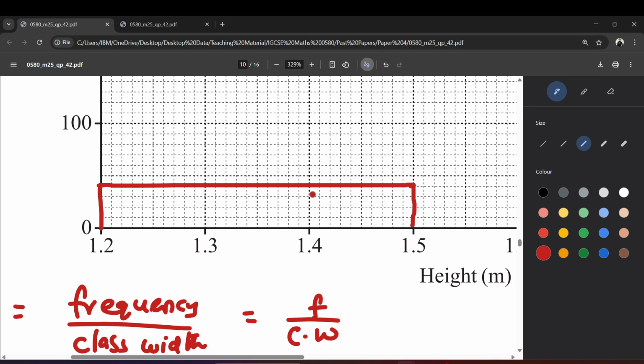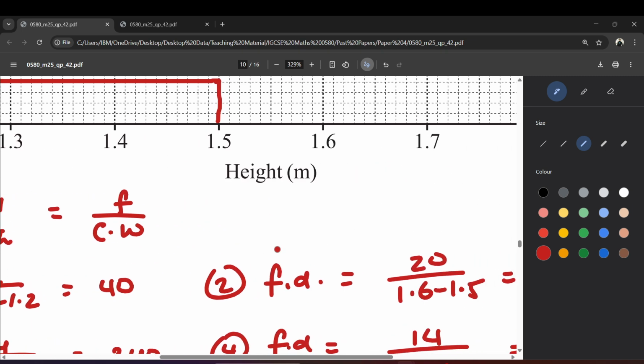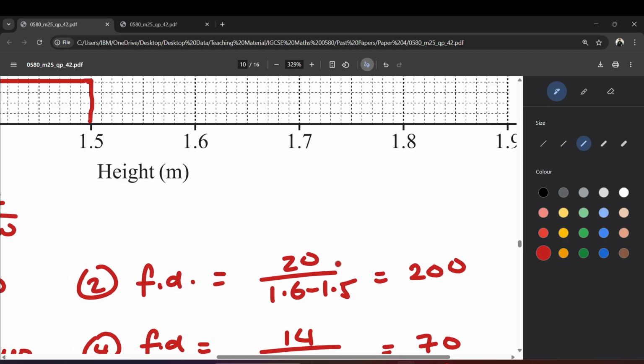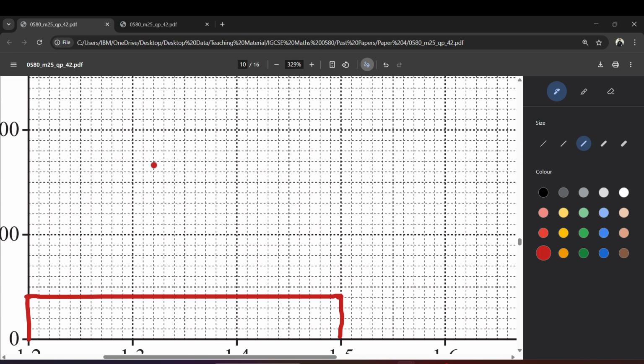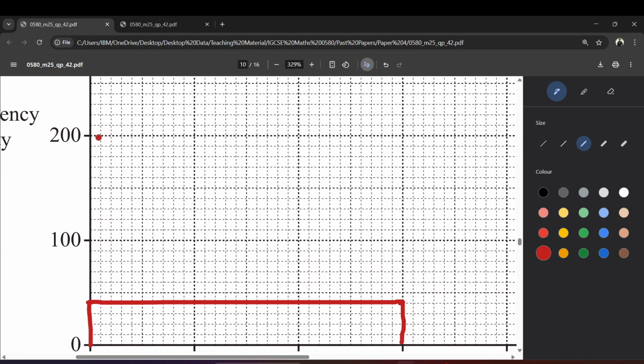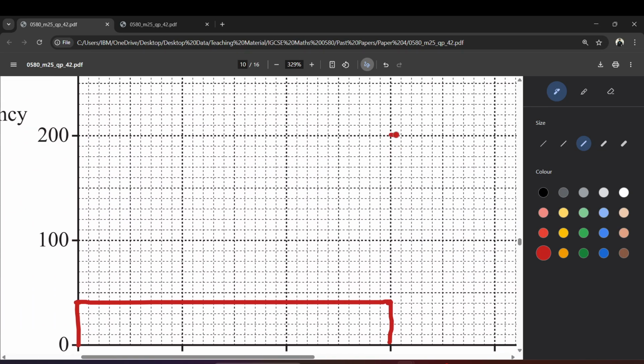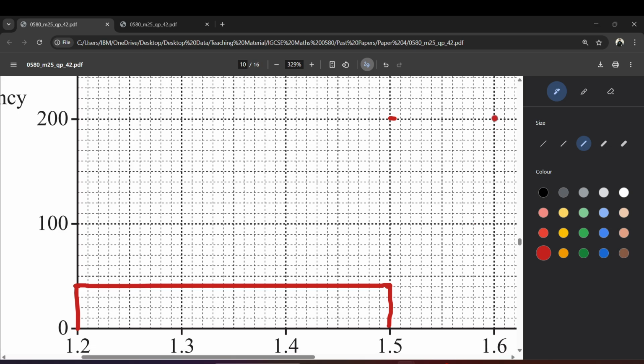That's your first bar. The second one is frequency density is 200 and it is between 1.5 and 1.6. Okay, 200 is over here. So it should start from here and this is 1.5, so it should end over here.